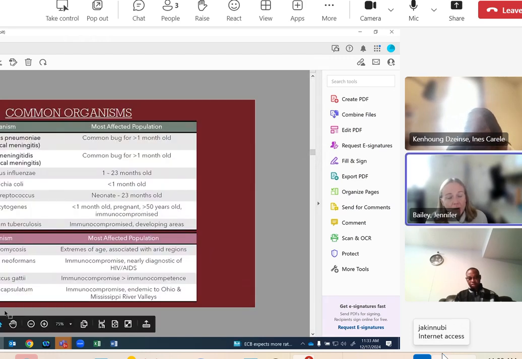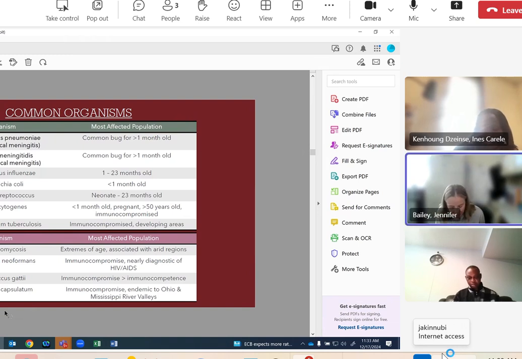In terms of the most common bugs that cause meningitis or encephalitis, the ones that we're most focused on, we'll go through. So of the bacterial etiologies, Streptococcus pneumoniae and Neisseria meningitidis.